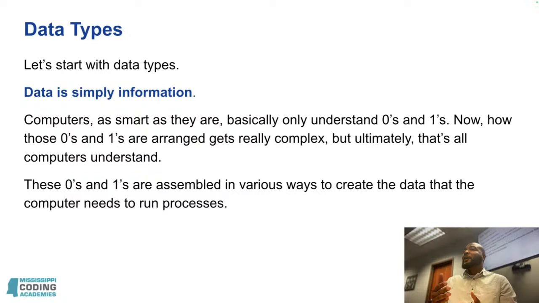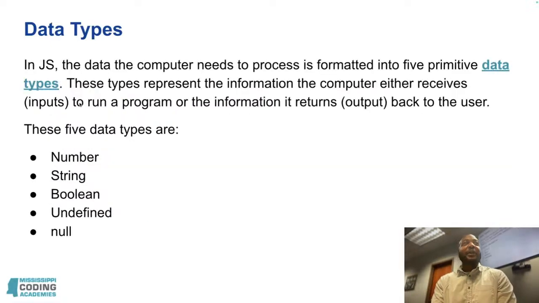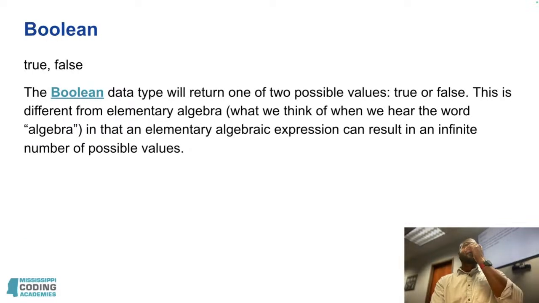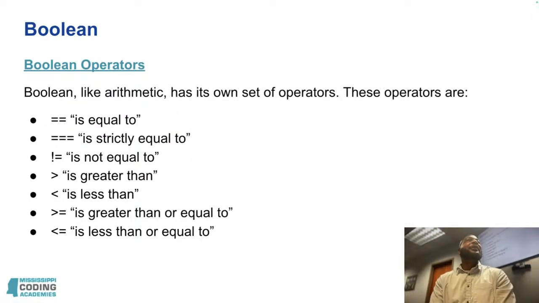So if 1 represents true, 0 represents false. If I say true plus true, that's essentially me saying 1 plus 1, and I get 2. Weird. No witchcraft quite yet, but it is weird.